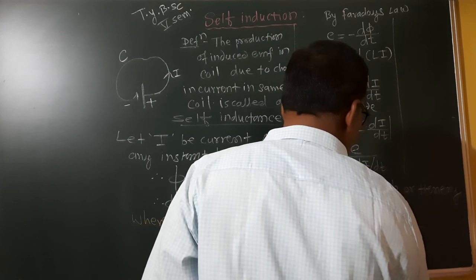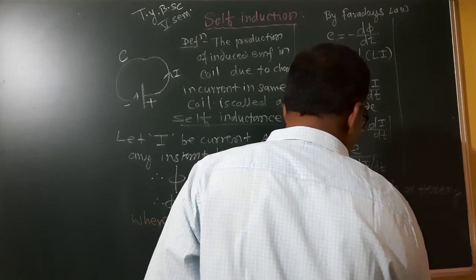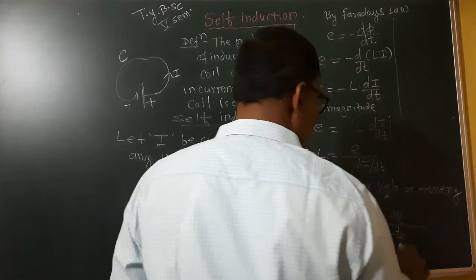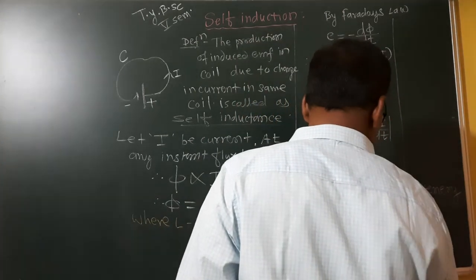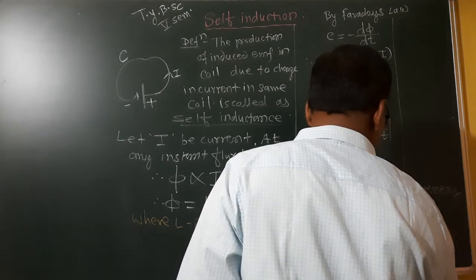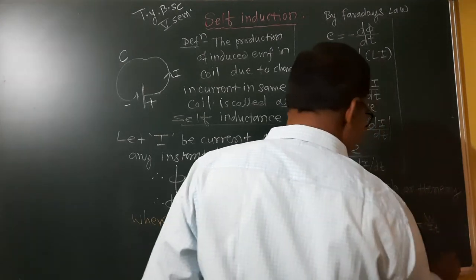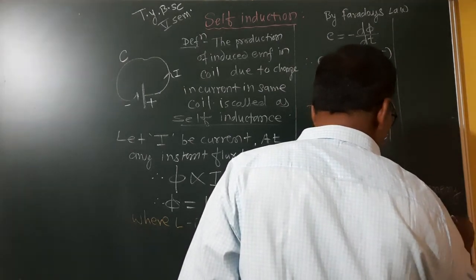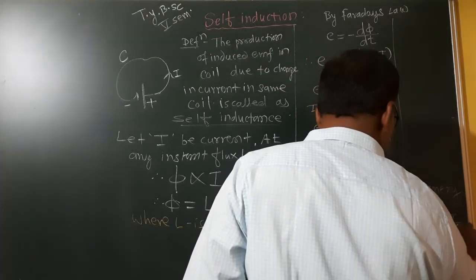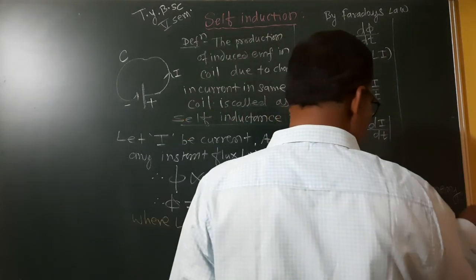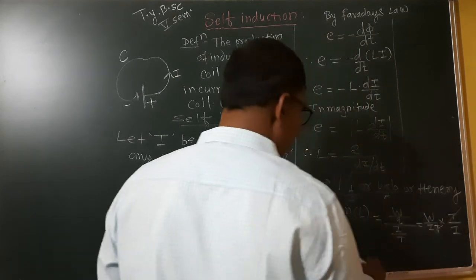That is, I by T. This can be written as W upon Q, which is nothing but IT, into T divided by I, and here T gets cancelled.